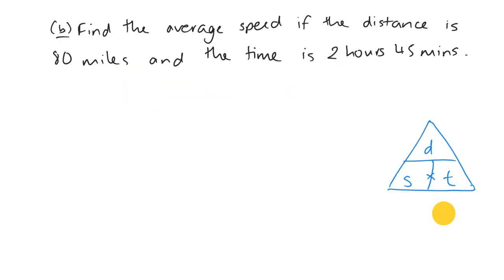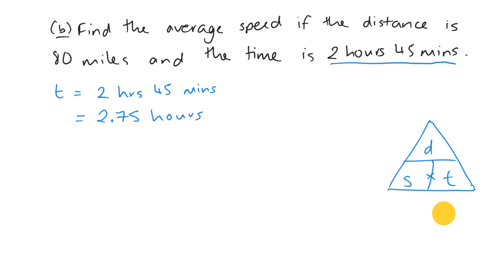For B, find the average speed if the distance is 80 miles and the time is 2 hours 45 minutes. So the first thing we need to do is to look at our units here. So our time is 2 hours 45 minutes. So we have to think, well, 45 minutes, that's 3/4 of an hour. So it's 2 3/4, or 2.75 hours.